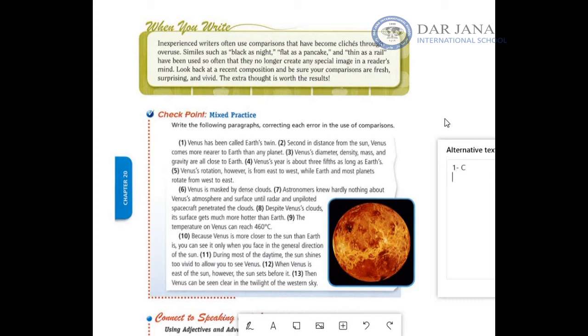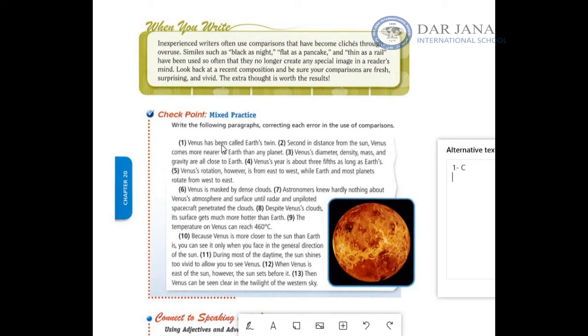Sentence 2. Second in distance from the Sun, Venus comes more nearer to Earth than any planet. Here the problem is in the use of double comparative, more and nearer. You know that near is an adjective, a one-syllable adjective, and in order to use it in the comparative form, we need to add er to the adjective.